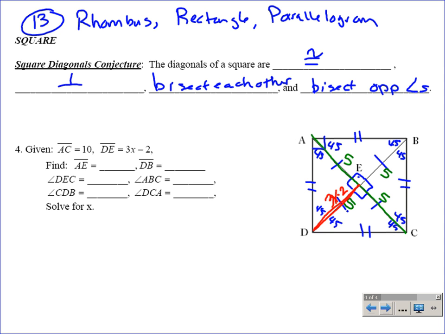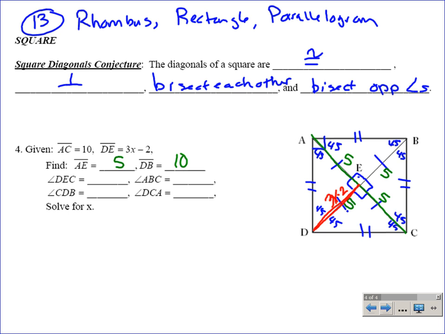Ty Richardson, what's AE? 5. Okay. What's the measure of angle DEC?